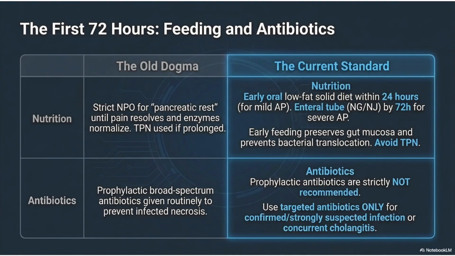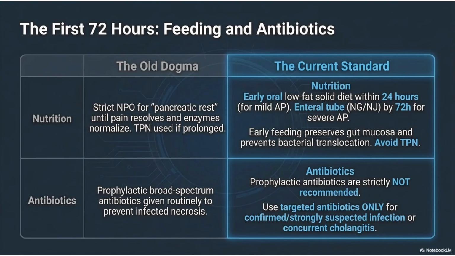Still, it is recommended to start feeding within 72 hours in that case. So overall, early feeding is now encouraged more, along with conservative IV fluid management, to better fine-tune the practice of treating acute pancreatitis. And remember, avoid TPN. There's no indication for that. The whole point of early feeding is to preserve the gut mucosa, which prevents bacterial translocation. TPN does not fulfill that goal.